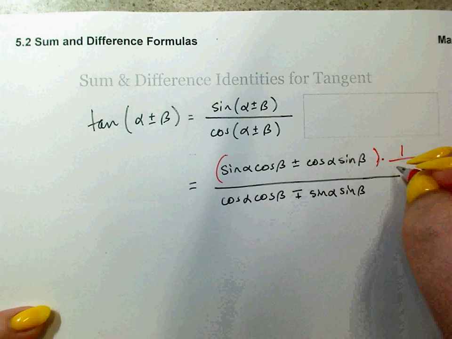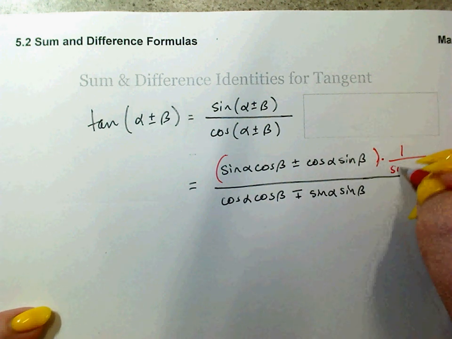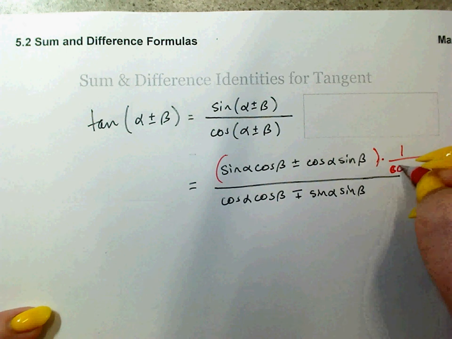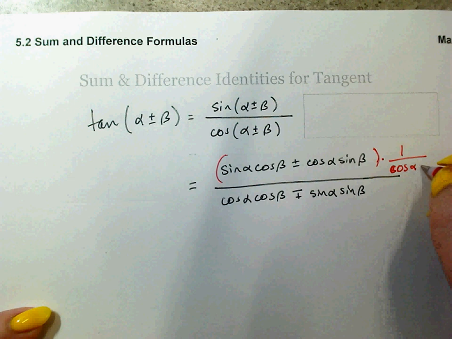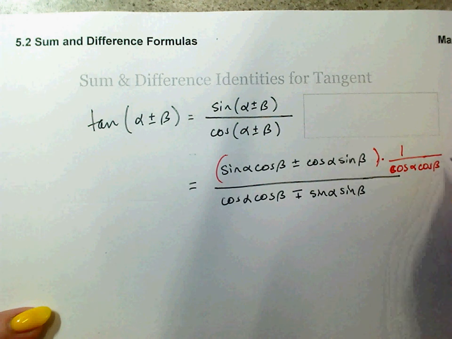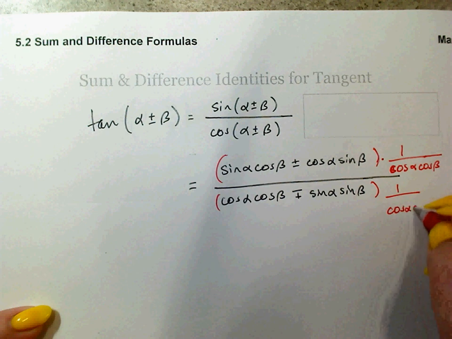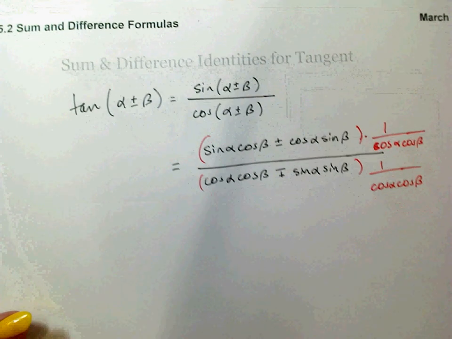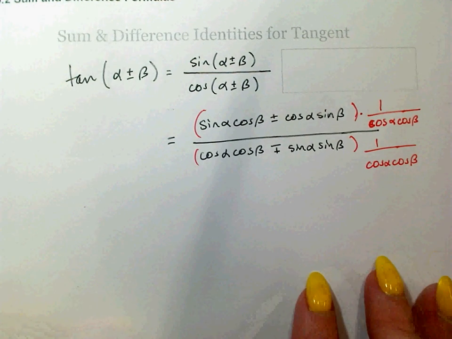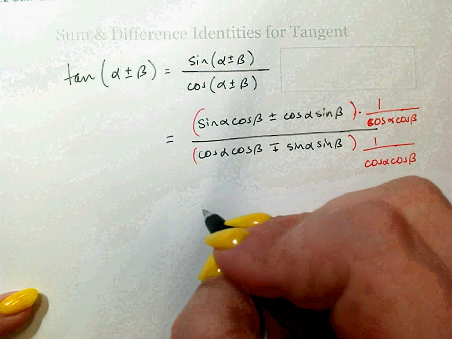We're going to divide both numerator and denominator by cosine alpha, cosine beta. I'm just going to rewrite it all, and you don't have to be writing this down. If you are writing it down, that's great, but remember this is just me deriving the formula, so you don't have to.